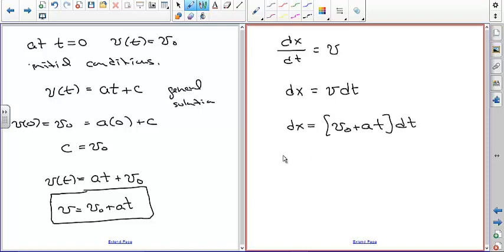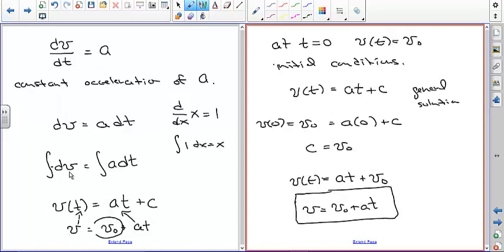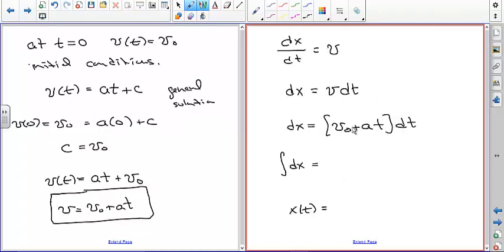So to find the actual displacement as a function of time, I'm going to take the integral of dx, and the result will be x as a function of time. Just like over here, when I took the integral of dv, I got v as a function of time. Now, what I have here, I have two integrals. I have v0 dt, and I have the integral of at dt.